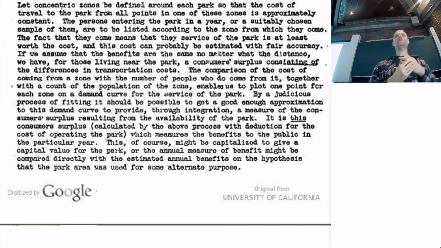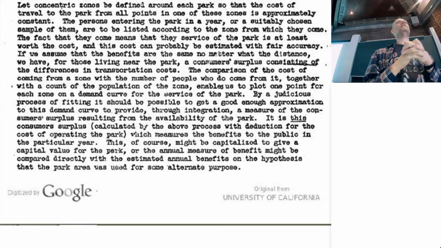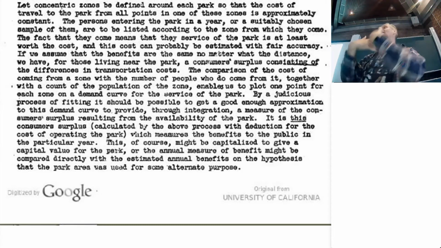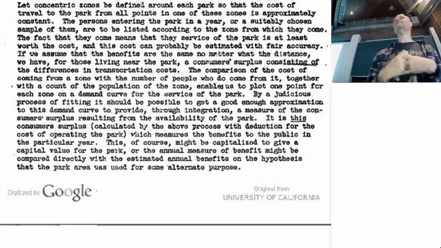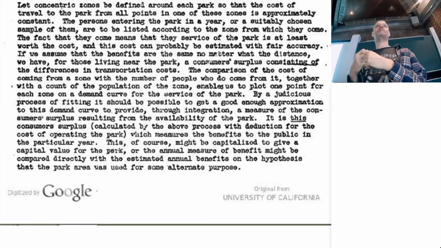So that is the principle behind the travel cost method, that you look at travel behavior, travel expenditure, time and money to get there. And then what you do, as Hotelling suggests, is that you collect data about the people who go there. How did they get there? How much money did they spend? How much time did they spend?